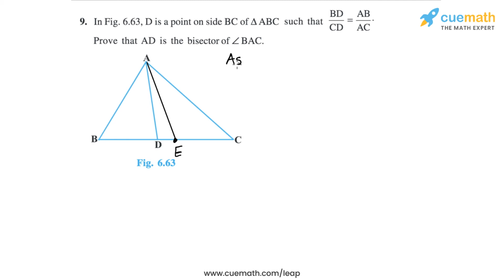So as I said, we are going to assume that AE is the angle bisector of angle BAC.